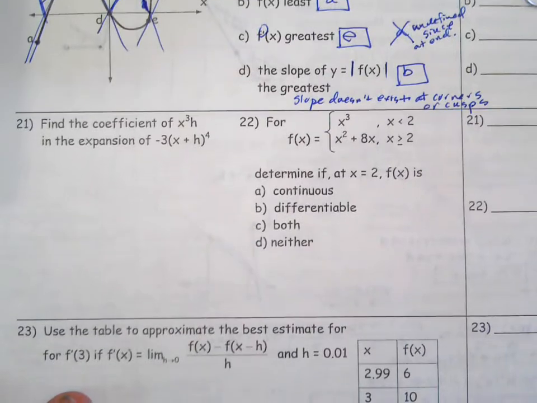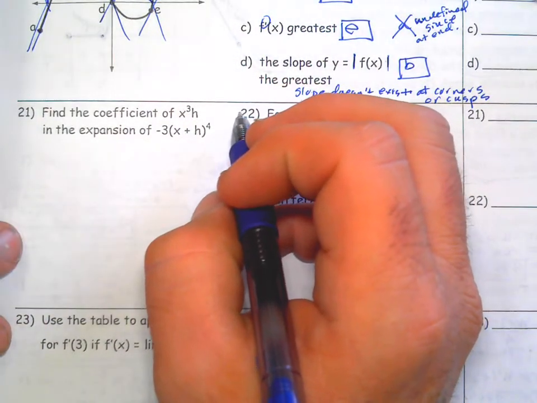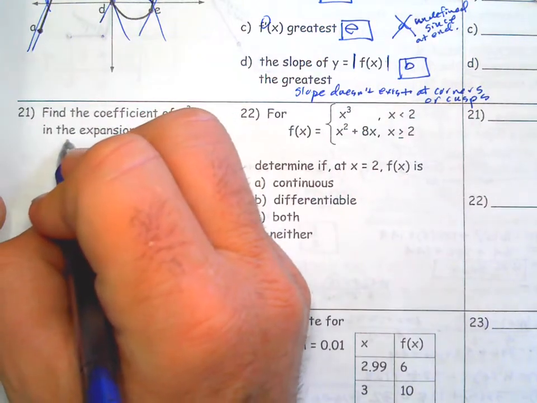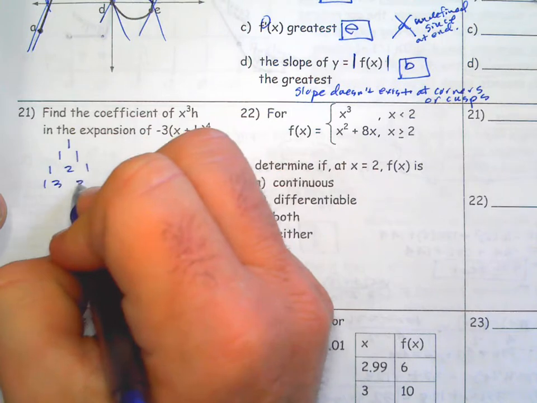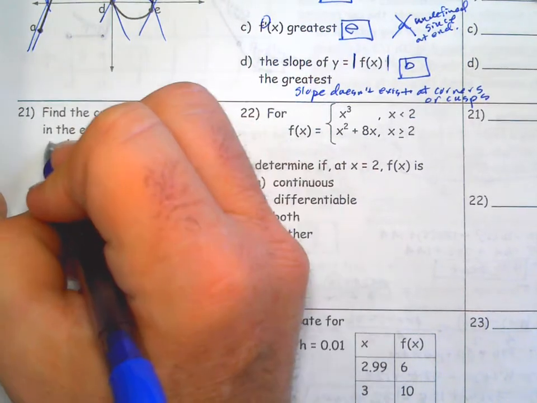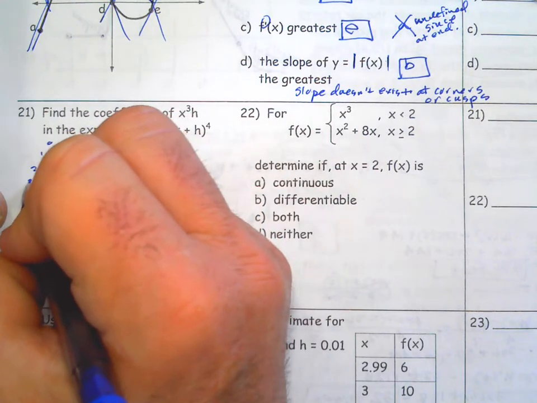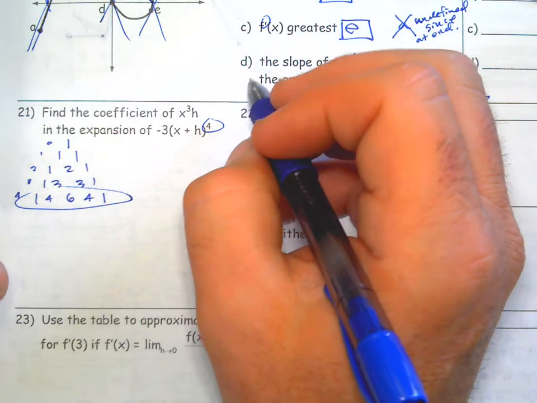Number 21, find the coefficient of the expansion. So this is really just trying to have you get practice with Pascal's triangle. 1; 1, 1; 1, 2, 1; 1, 3, 3, 1; 1, 4, 6, 4, 1. Zeroth, first, second, third, fourth. So this is what we want, the fourth power. And so then we're going to write it.